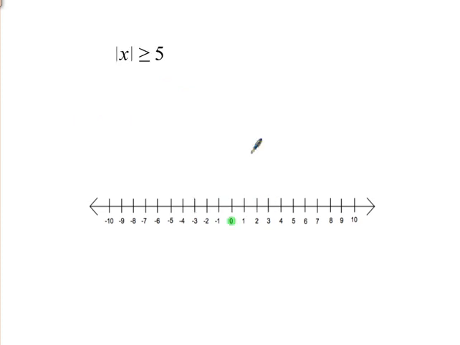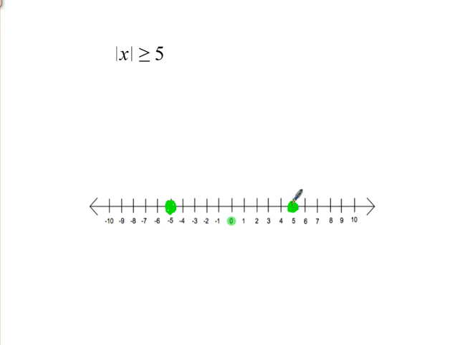Now, when you have something in absolute value that's greater than or equal to 5, what this means is my absolute value has got to be around 5, negative 5. So x is going to have to be 5 places away from 0, or this would be filled in because it's a greater than or equal to.